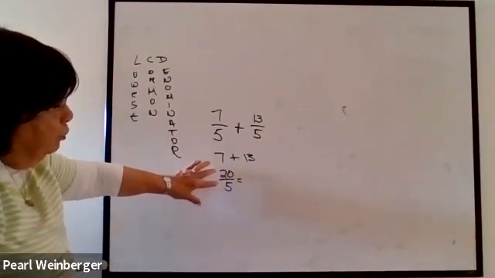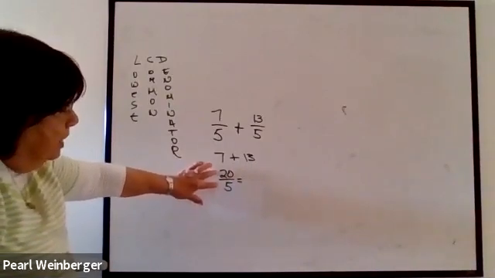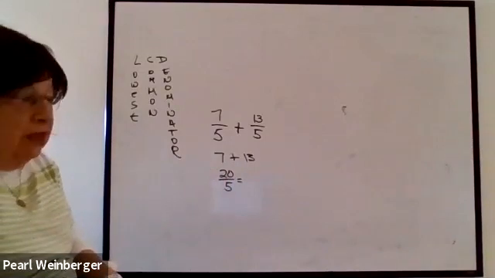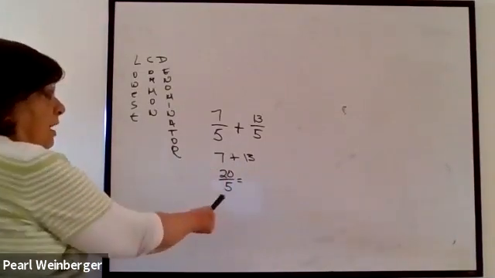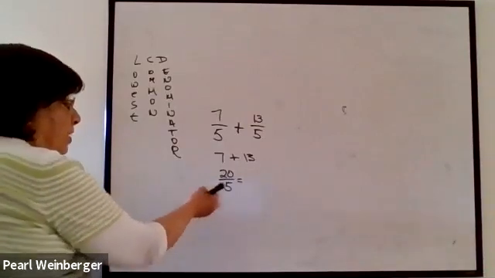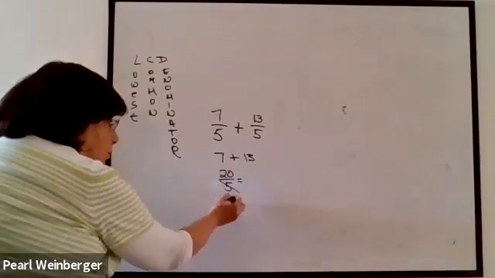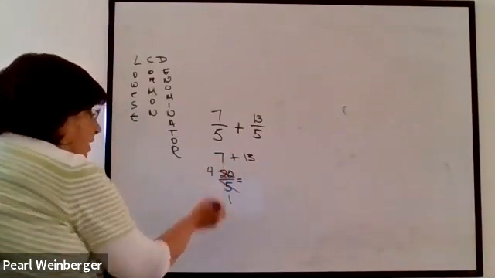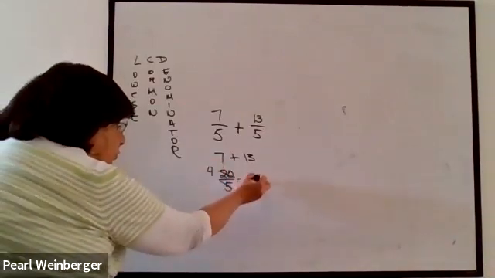What I then try and do is try and simplify the answer. See if you could reduce the answer. In this case, we can, because the numerator and denominator are both divisible by 5. So 5 divided by 5 is 1. 20 divided by 5 is 4. This becomes 4/1.